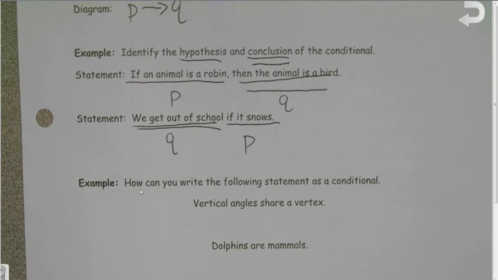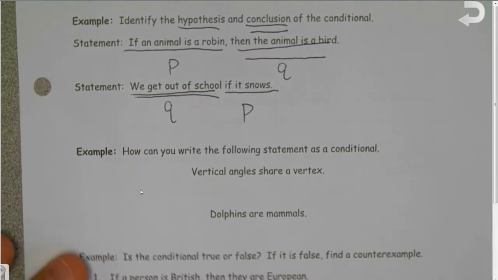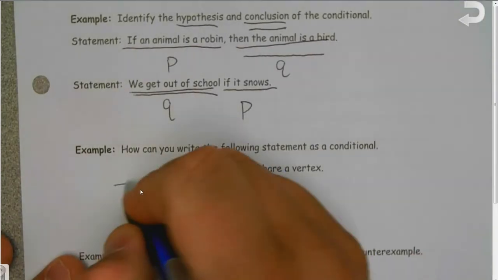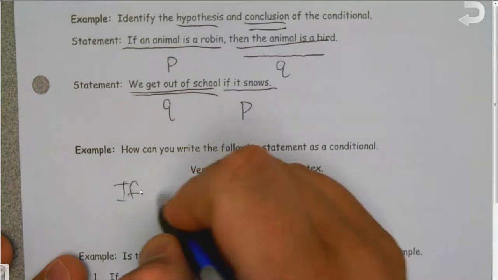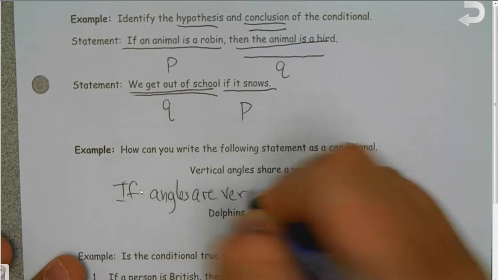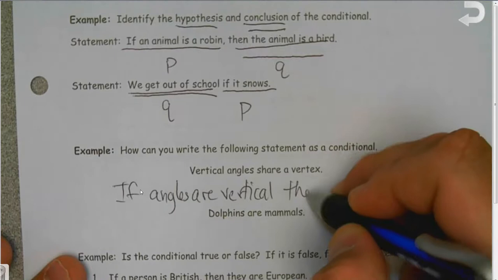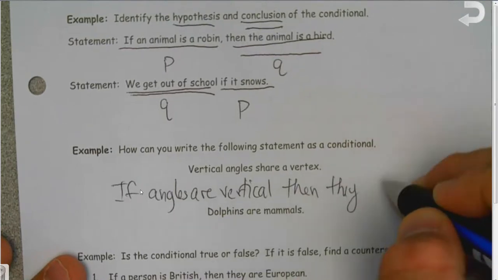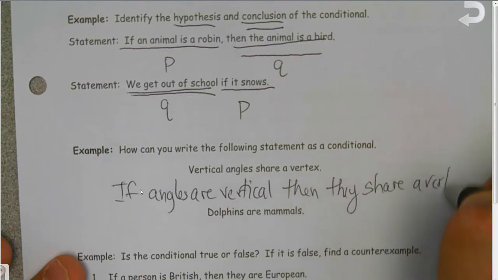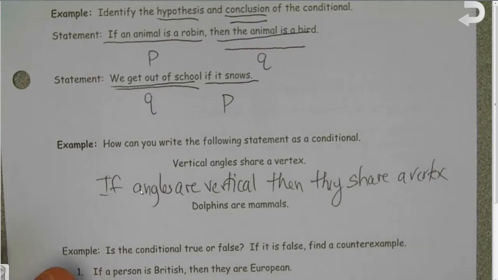Not only do you have to be able to identify, but you have to be able to write a statement as a conditional. So, for example, if angles are vertical, then they share a vertex. Obviously this is very simple.